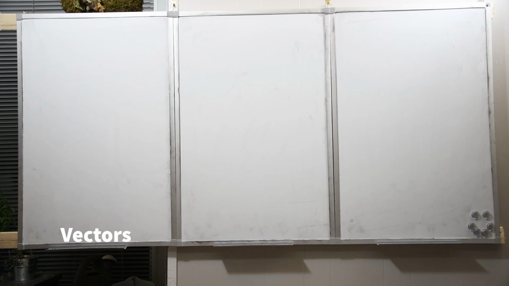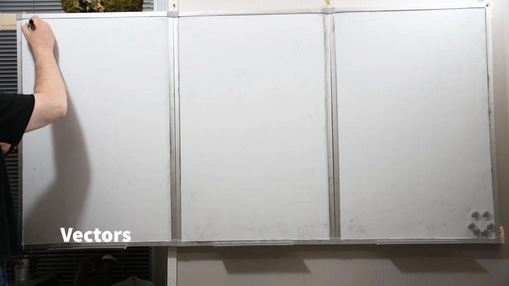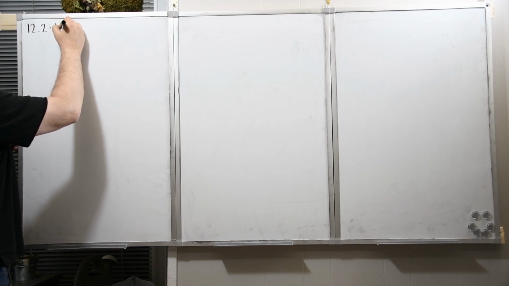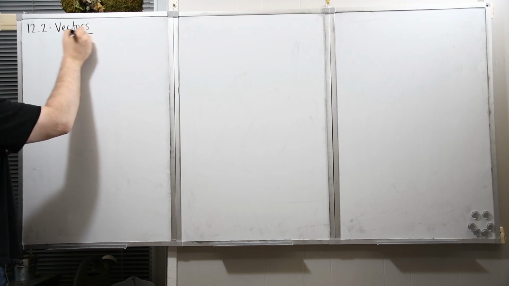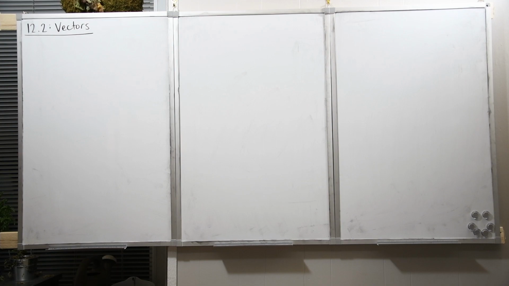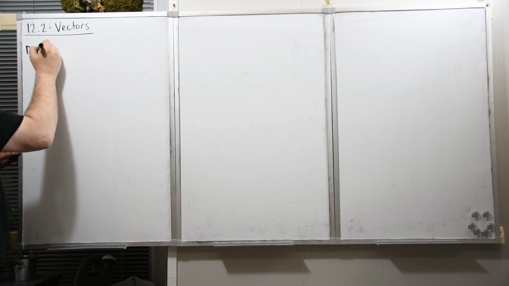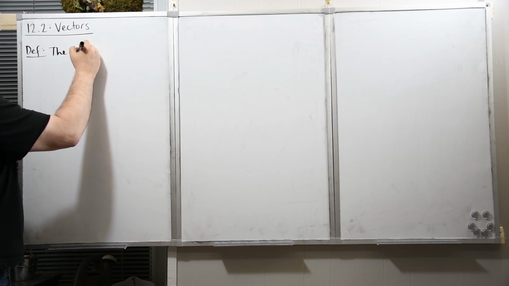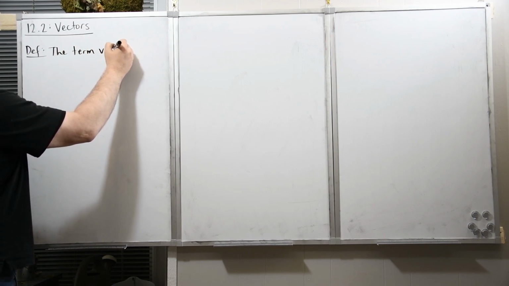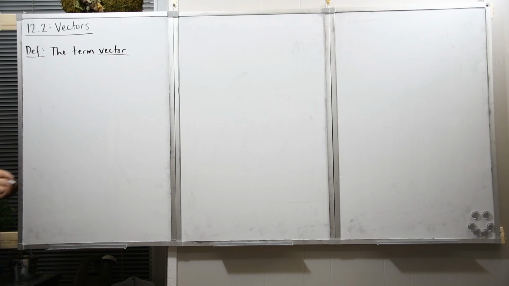So this time we're taking a look at section 12.2, which deals with vectors. The term vector indicates a quantity that has both a magnitude and a direction.